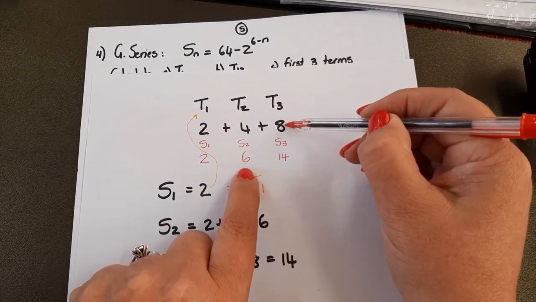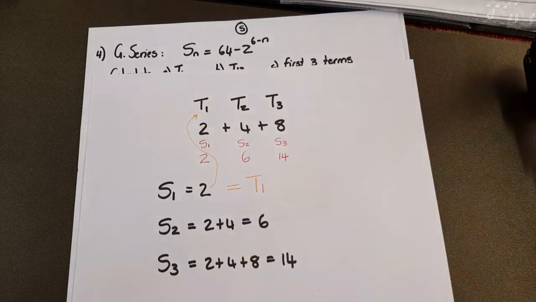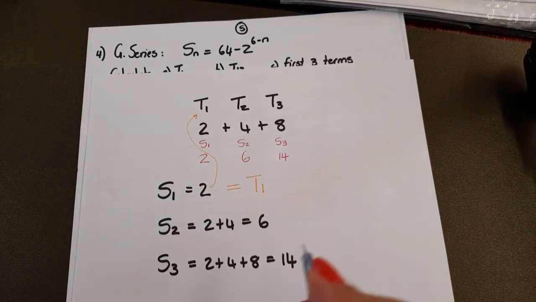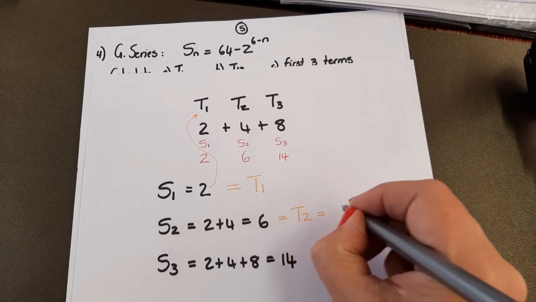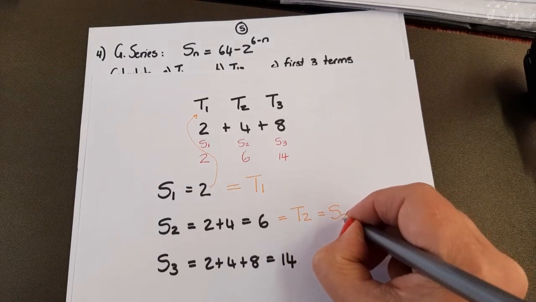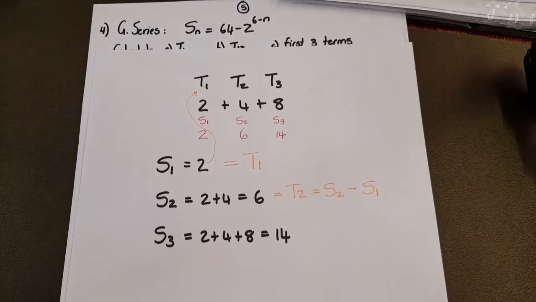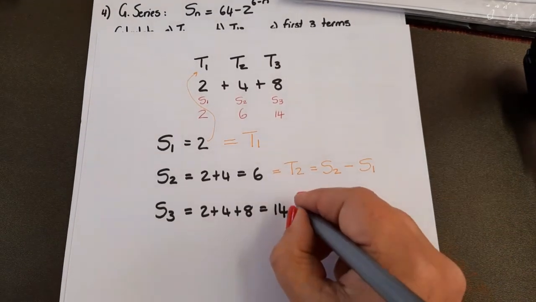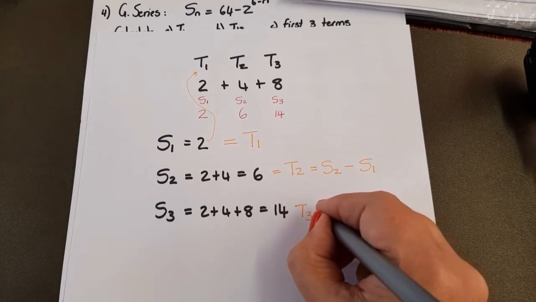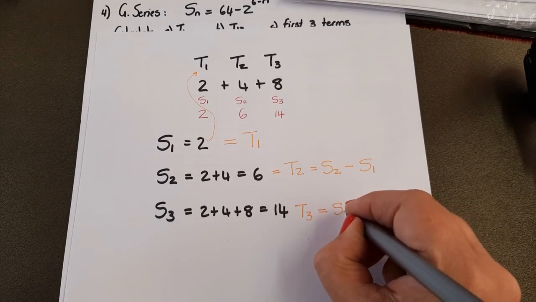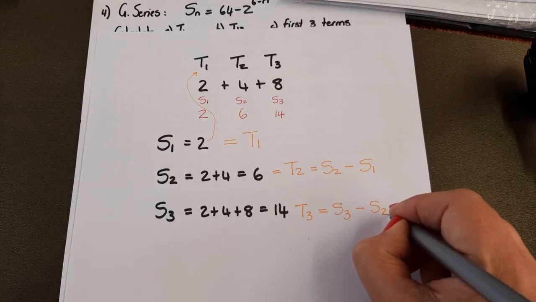Then you'll get 8, the value of term 3. So let's write it here. So term 2 will be the sum of two terms minus the sum of one term. And term 3 will be the sum of three terms minus the sum of two terms.